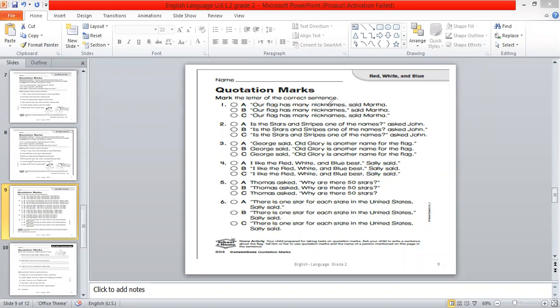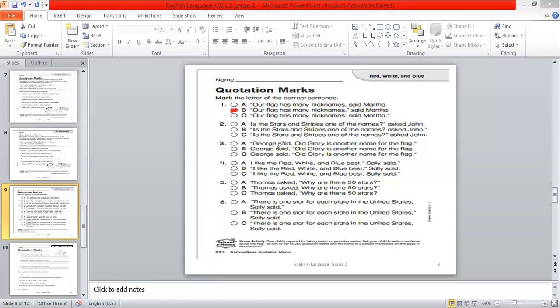It has the correct quotation marks. Yes, of course. We have to put it before the word said or asked. Here, notice there are no quotation marks at the end. So I'm going to choose the second one, with quotation marks at the beginning and also before the word said, as I explained before.